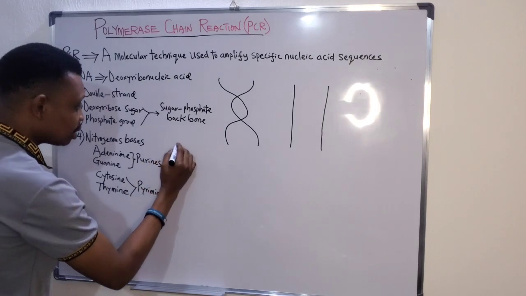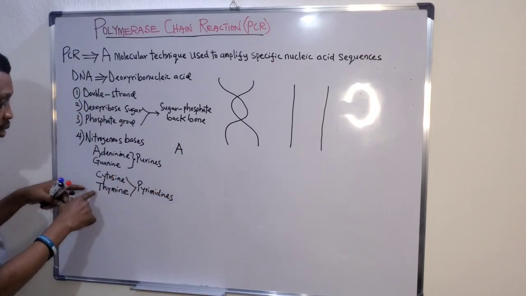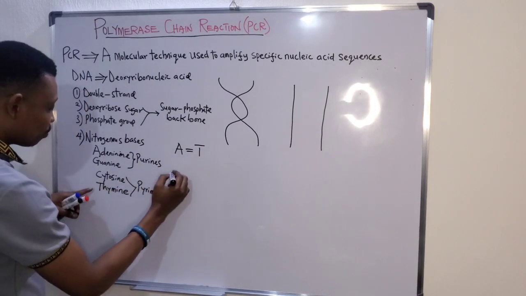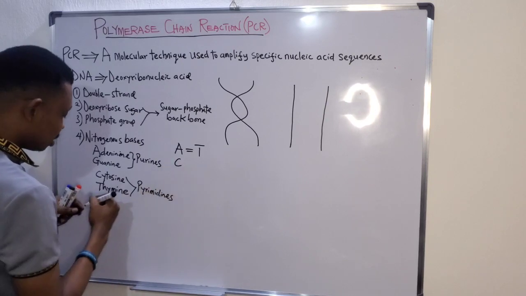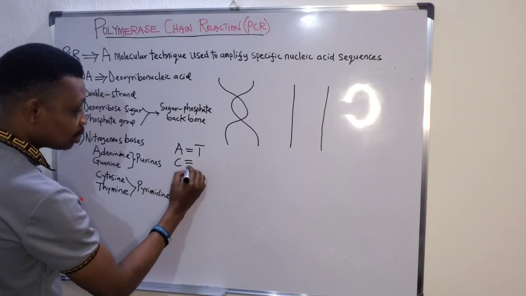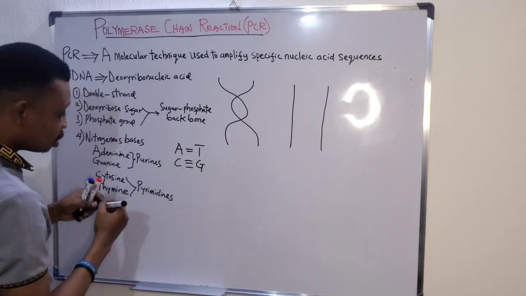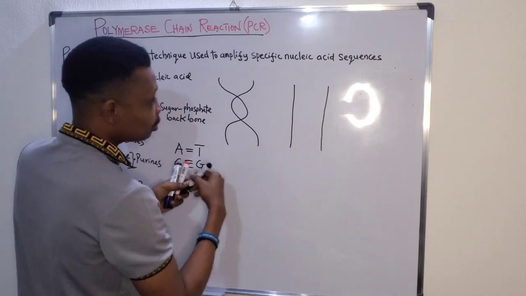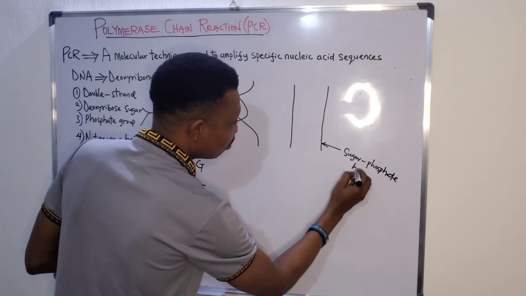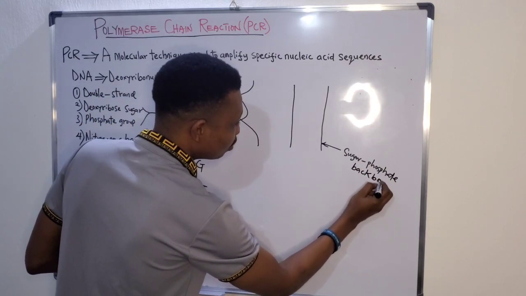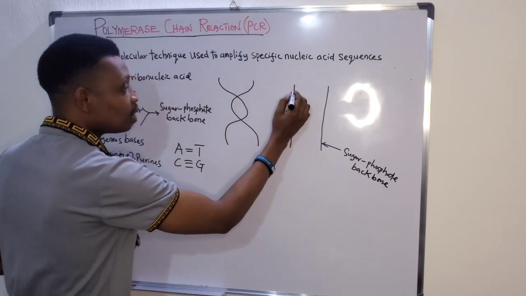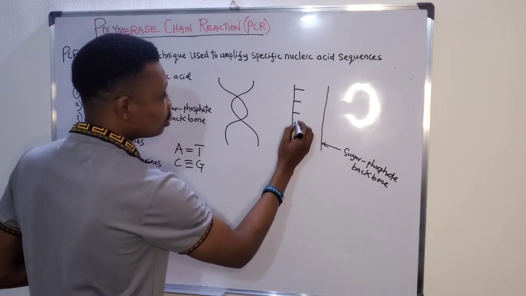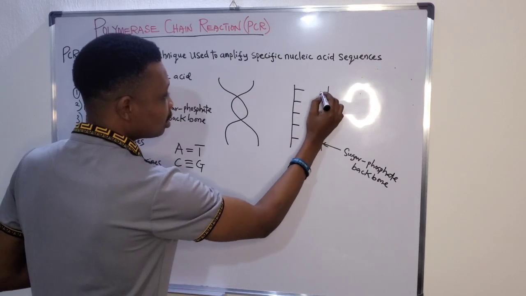Adenine pairs with thymine with 2 hydrogen bonds, while cytosine pairs with guanine with 3 hydrogen bonds. So these are the hydrogen bonds. This is the sugar phosphate backbone, and in between are the nitrogenous bases.